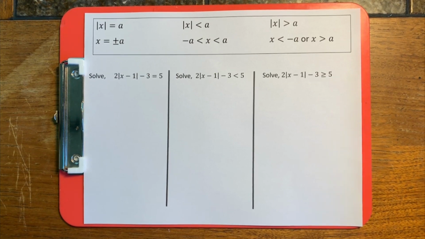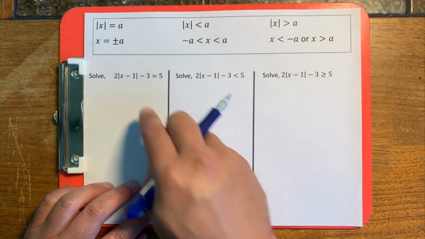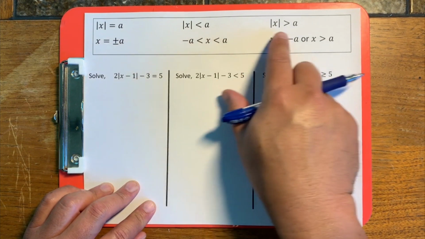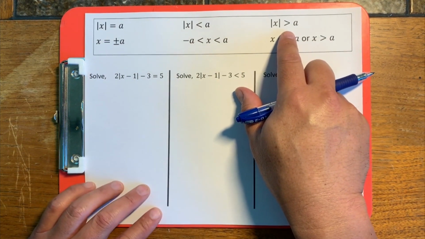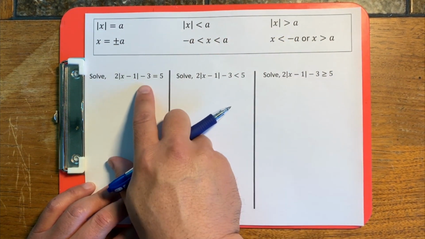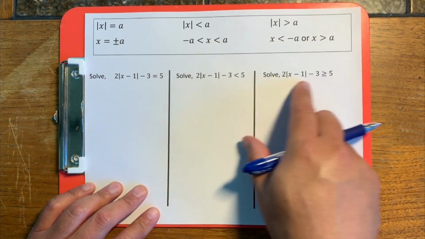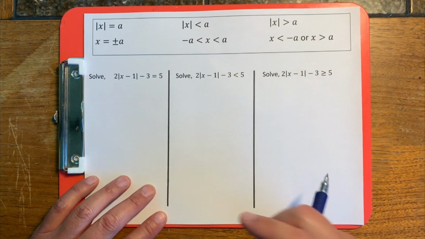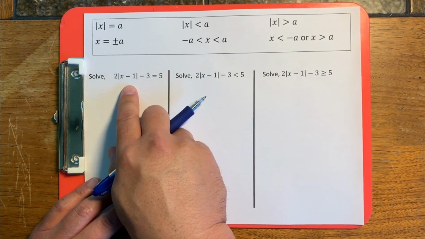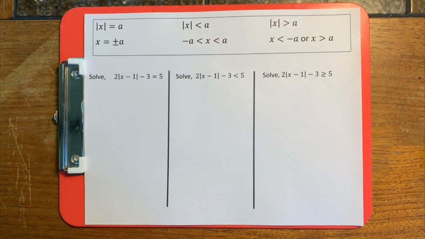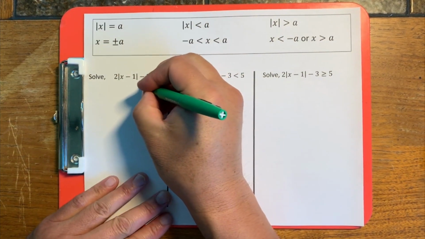So let's try working on these problems and see the difference between equal, less than, and greater than problems. The first thing we want to do is isolate the absolute value, and we do that the same for each one of these three problems. So let's isolate the x minus 1. I'm going to add 3 to both sides.